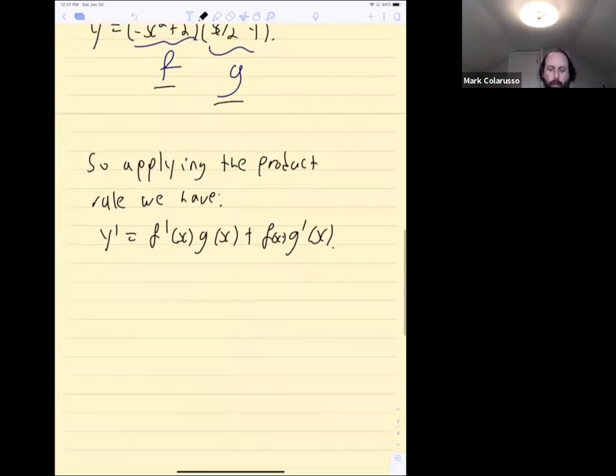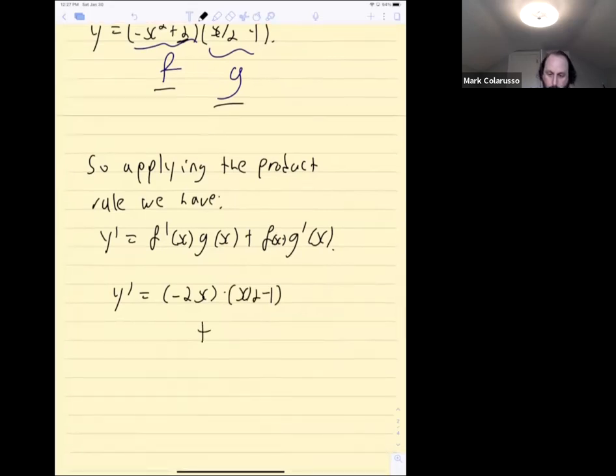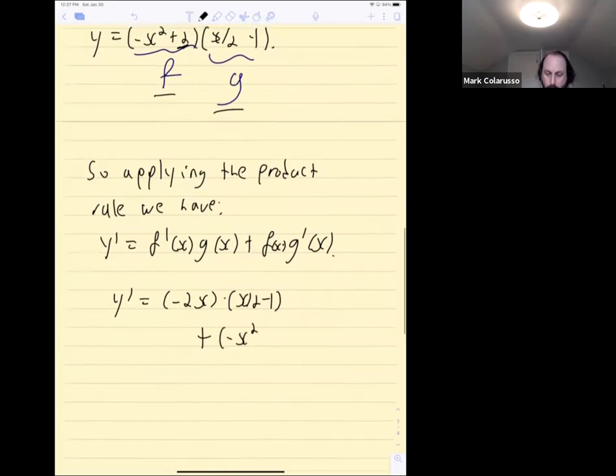So you don't have to write out the sum of the derivatives, you just do that in your head. So this is minus 2x, the derivative of f is minus 2x, the derivative of 2 is 0, times this guy. And then plus the f times the derivative of g, which is just 1/2.